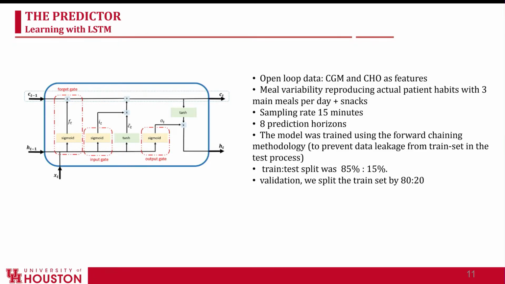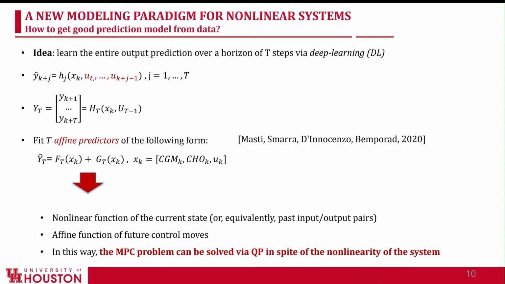Subsequently, using a sampling rate of 15 minutes, we create 8 different predictors, each 15 minutes ahead. So from 15 minutes to 2 hours ahead in the future. So once we have created this LSTM, we fit here the G function affine in the input by creating another set of data in closed loop.